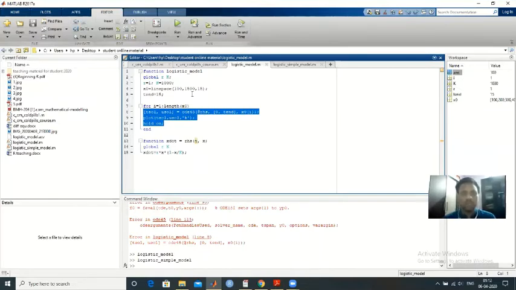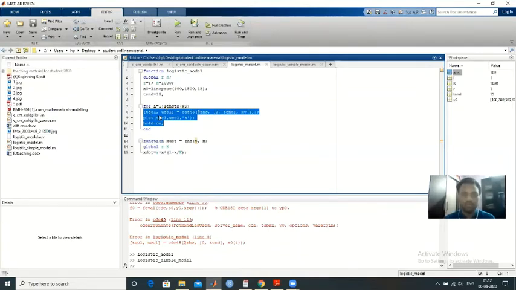I take the length of x0, which gives 15, the number of points. This is the for loop syntax: for i as an index from 1 to length of x0. So length of x0 is 15, so 1 to 15.